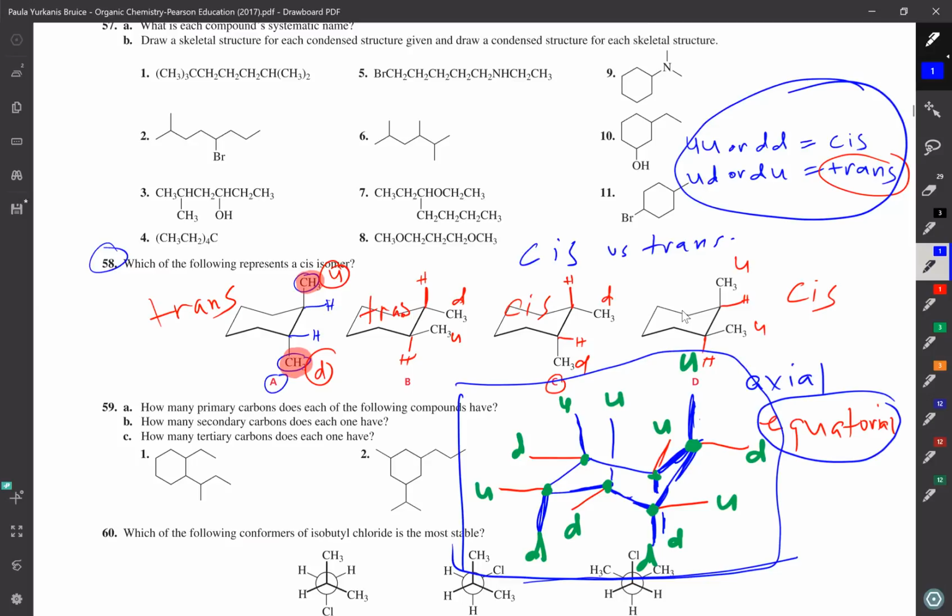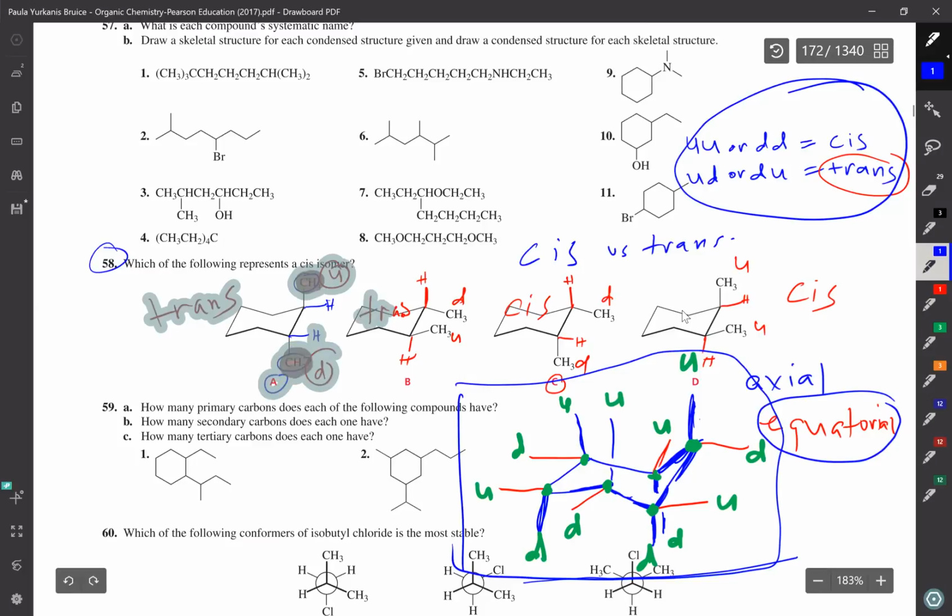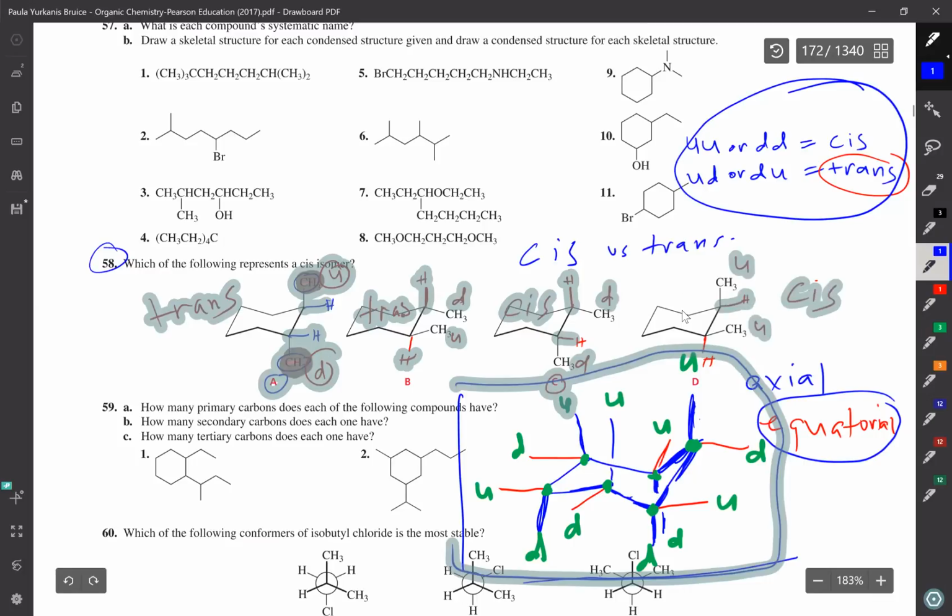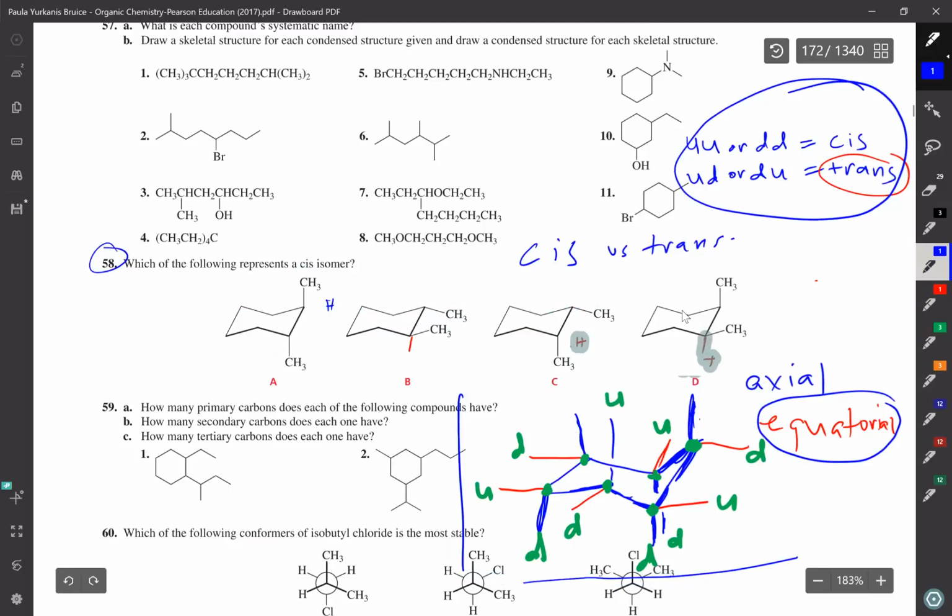Okay? That said, I want us to do a comparison in terms of stability of molecules A, B, C, and D. Let's start with molecule A. In molecule A, this methyl group is on the axial position, and this other methyl group is also on the axial position.